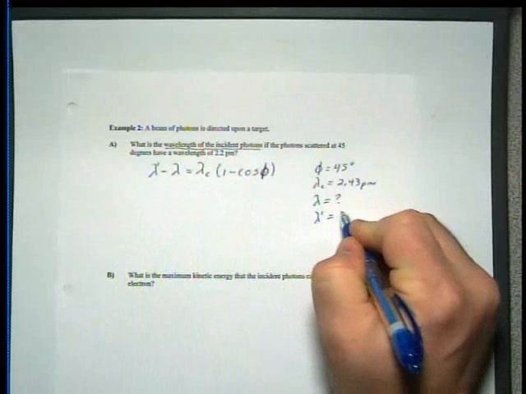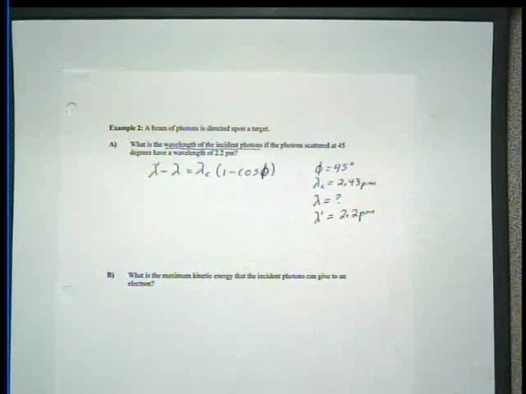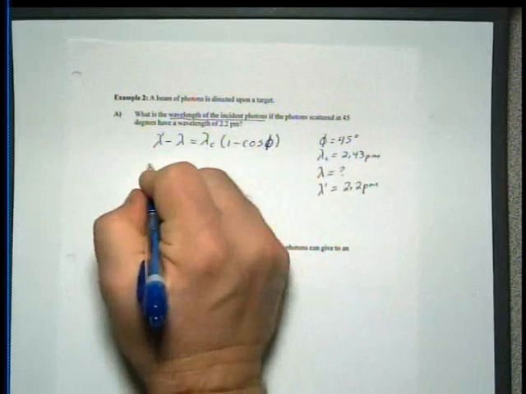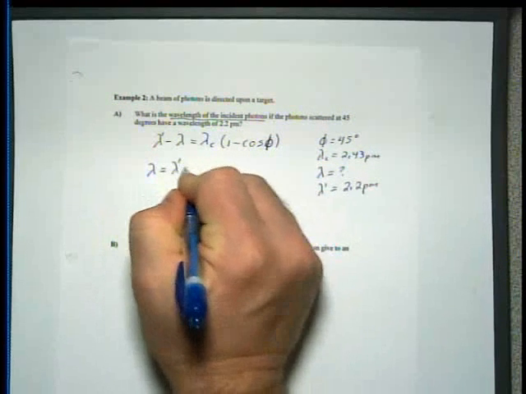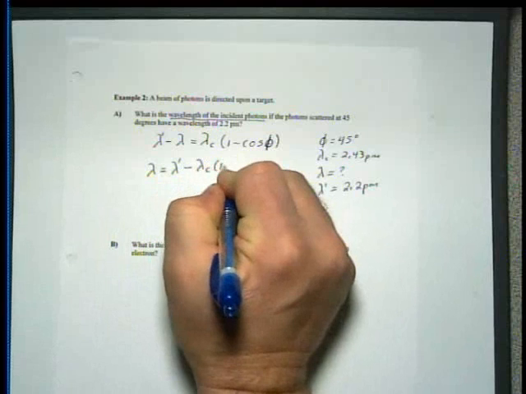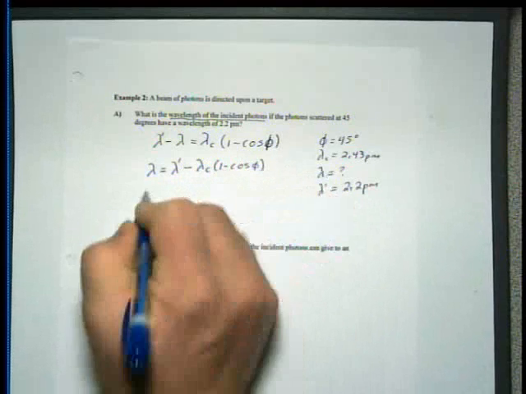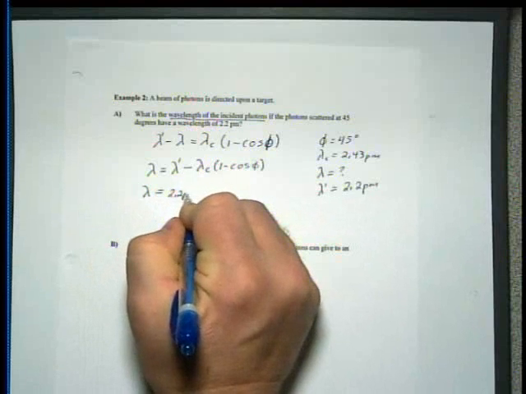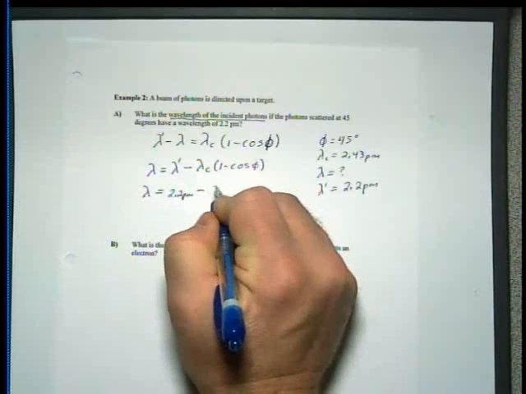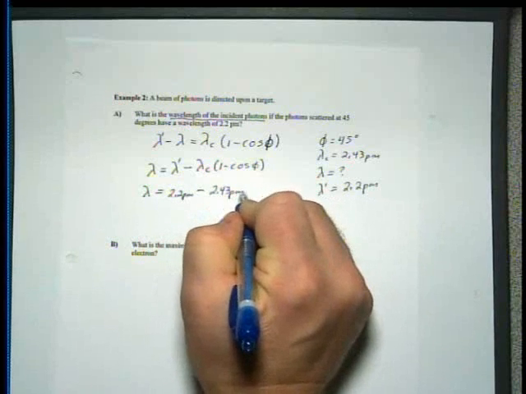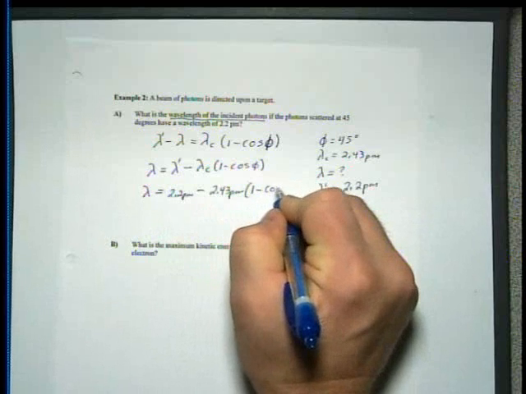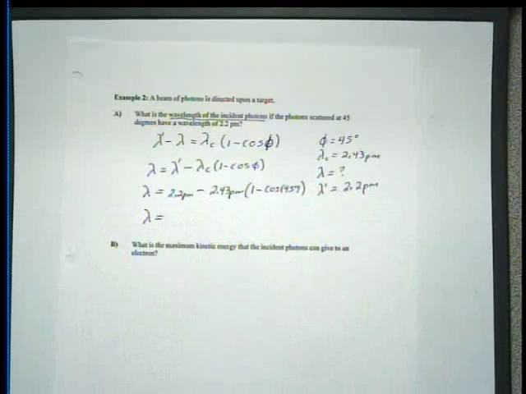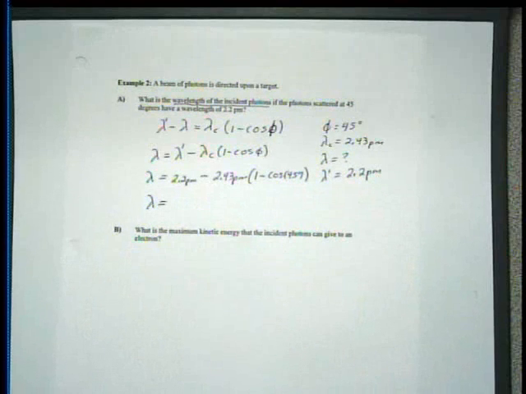Lambda prime is 2.2 picometers. Easy calculation, okay? Lambda will equal lambda prime minus lambda c times 1 minus cosine of phi. So I have 2.2 picometers minus 2.43 picometers times 1 minus cosine of 45. And all you need to do is just punch in the calculator.